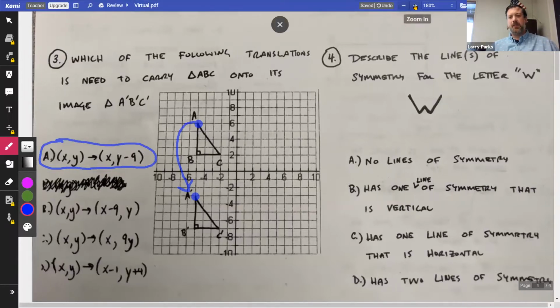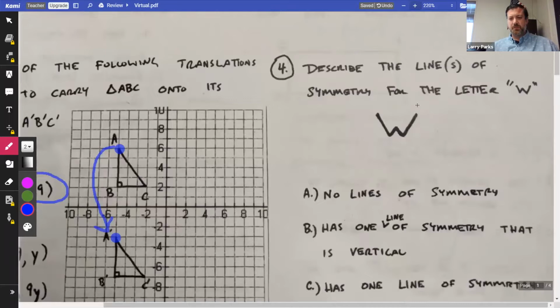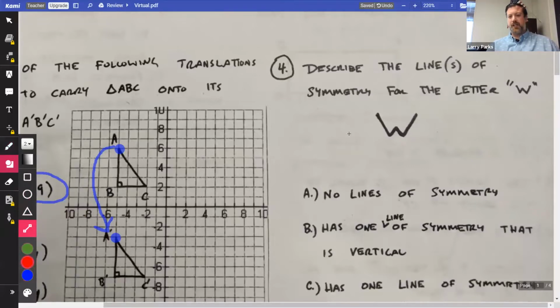Let's see, number 4. Describe the lines of symmetry for the letter W. So what does it mean to be a line of symmetry? For example, that is not a line of symmetry, because if you were to flip this over, you would not get W back.